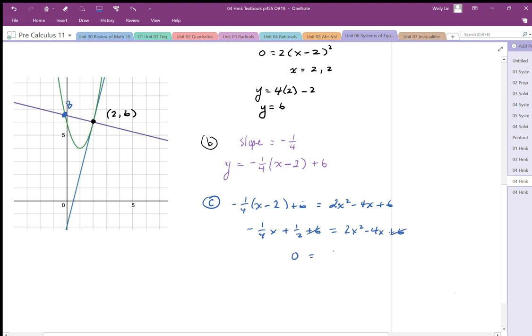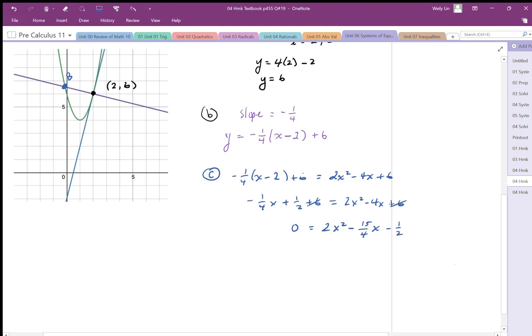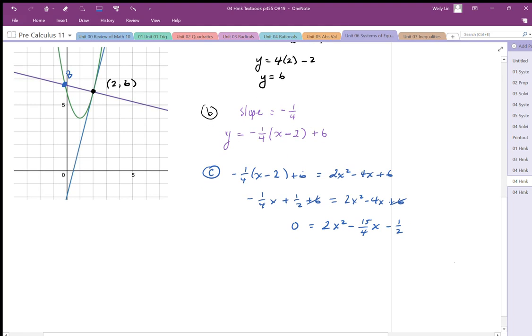We're going to make this equal to 0, so 2x squared minus, we're going to subtract, this is going to be negative 16x over 4, and we're going to add 1/4 to both sides, so it becomes 15 over 4x, and then we're going to end up with negative 1/2 on this side when we subtract 1/2 to get rid of that extra 1/2.